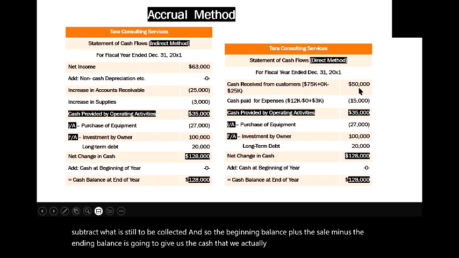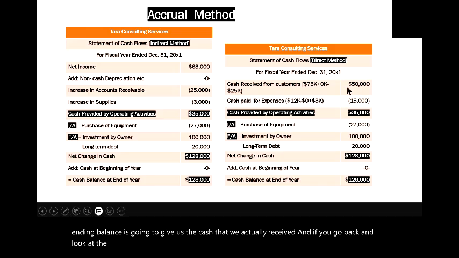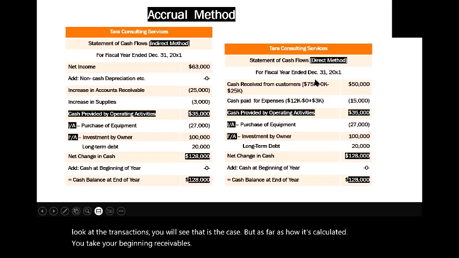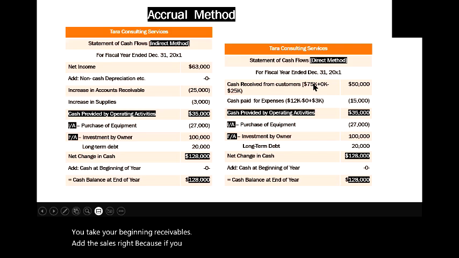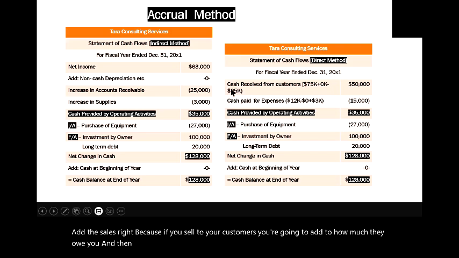And if you go back and look at the transactions, you will see that that is the case. But as far as how it's calculated, you take your beginning receivables, add the sales, right? Because if you sell to your customers, you're going to add to how much they owe you. And then you subtract what they still owe. And that will tell you how much cash was actually received during the period.